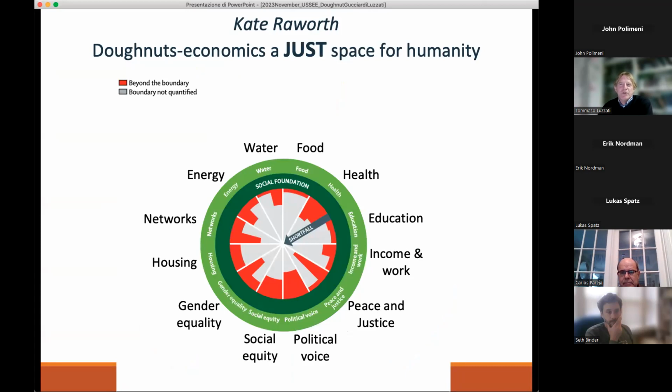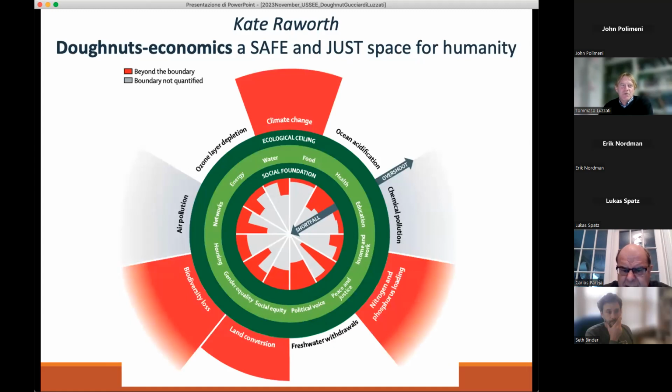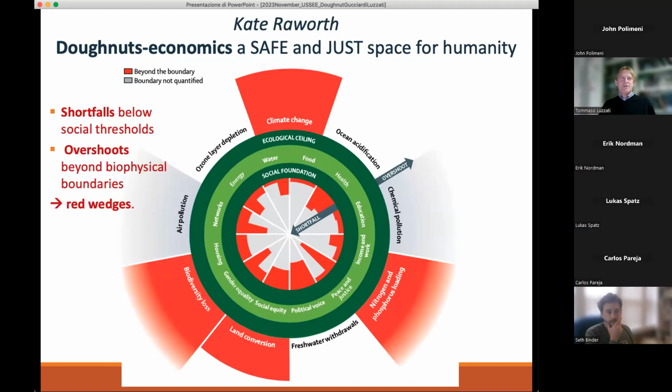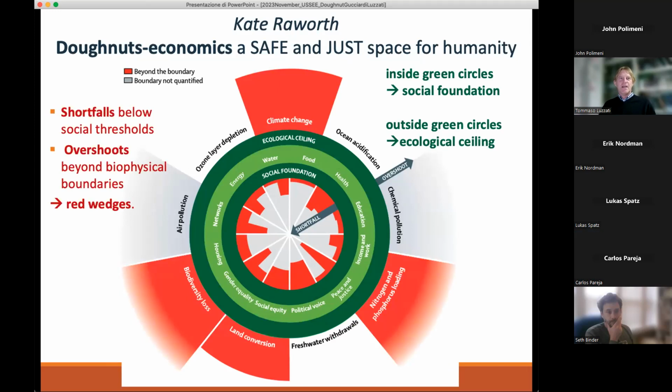And so to connect the planetary boundaries with some social floors, and so to combine the two within a donut, and so to have a just and safe space to live in.